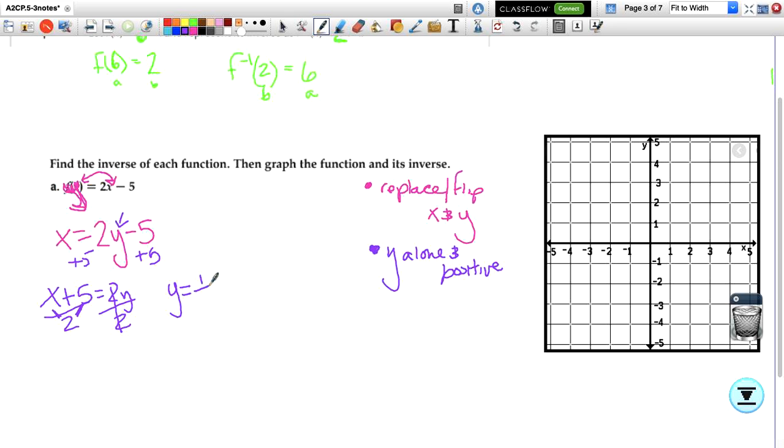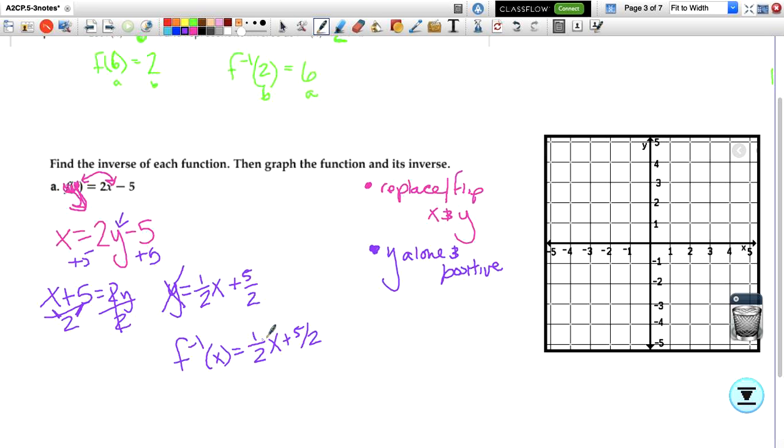So I'm going to have 1/2 x and then plus 5 halves. And because this is an inverse, I'm going to relabel it. I'm going to take my y out and label it with inverse function notation. So the inverse of f of x is 1/2 x plus 5 halves.